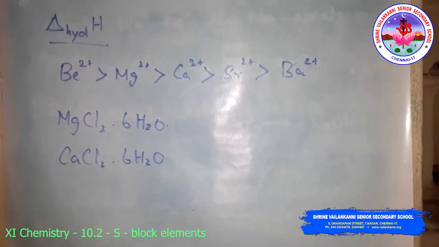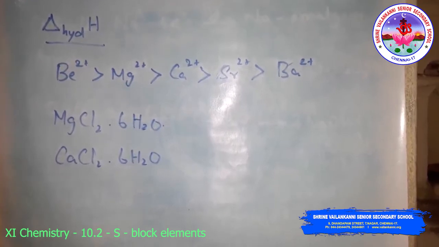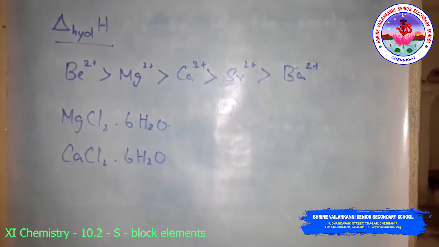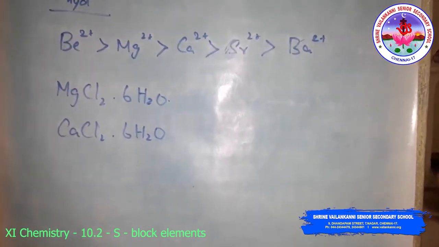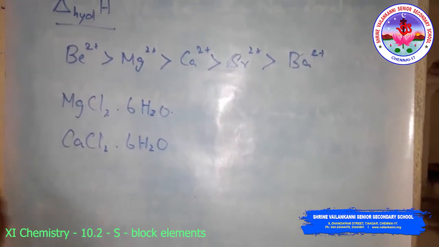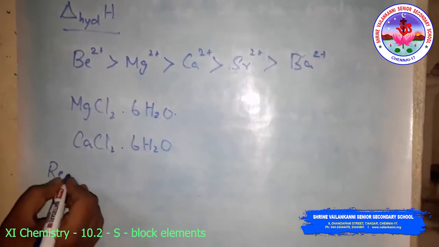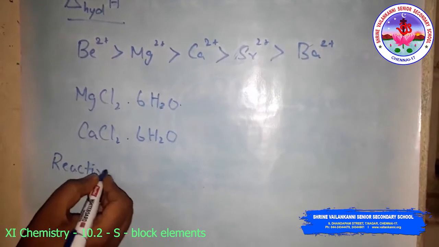Next are the chemical properties of the alkaline earth metals. First, reactivity towards air and water.